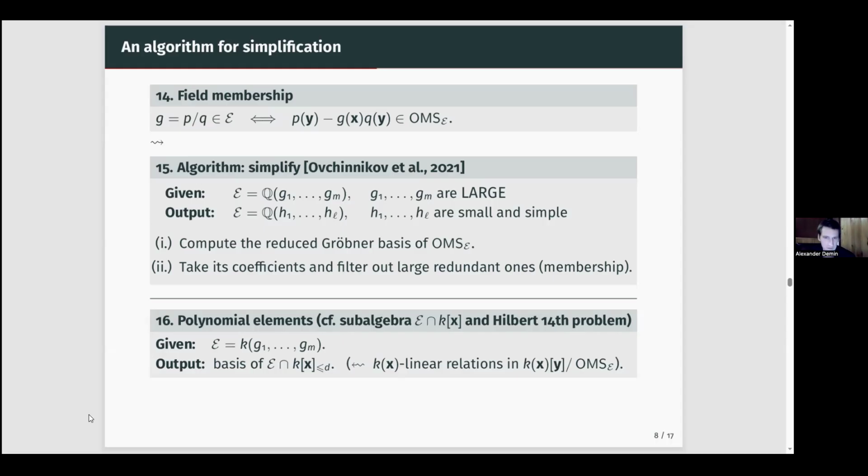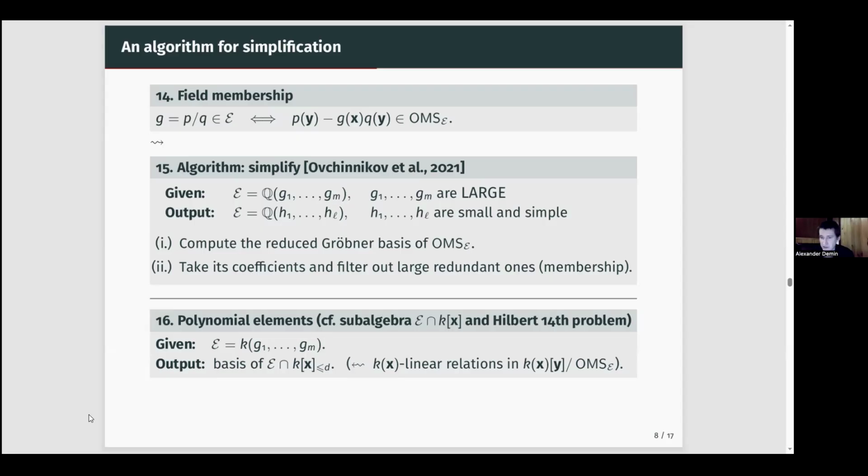In parallel with these developments, there were some other interesting algorithmic developments that are also useful for simplification. Consider, for example, the following specification. The algorithm for doing this also existed for quite some time. Given a subfield, we can actually find small degree polynomial elements in the subfield. So basically, the intersection of the subfield with the vector space spanned by monomials up to degree d.